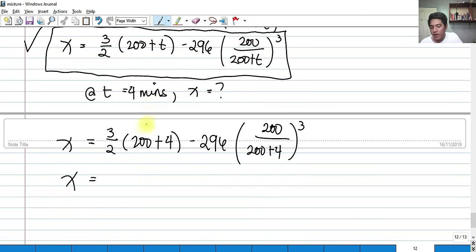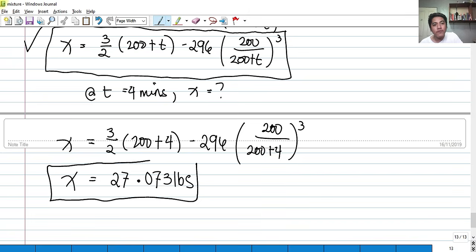Plugging this into our calculator, we can solve for the amount of salt after 4 minutes as 27.073 pounds.